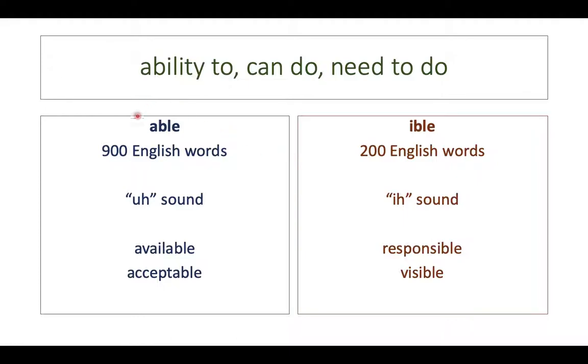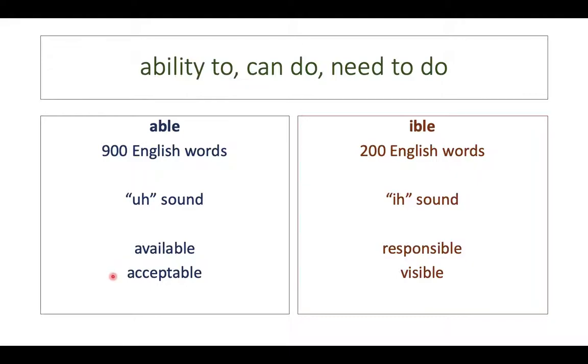So the able ending makes an "uh" sound, so able, able. The ible ending makes an "ih" sound, so ible, ible. So able, ible. For example, if we look at this first word, we would say available.